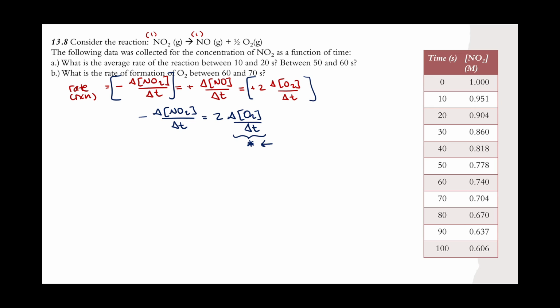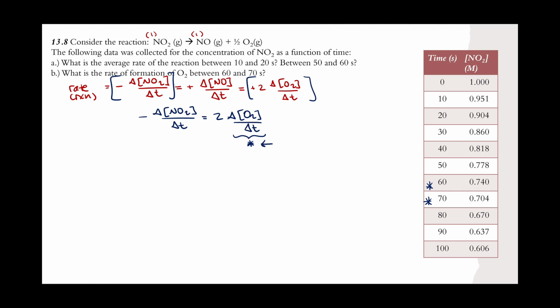And similarly to what we just did in part A, where we were looking for the average rate of the reaction between two periods of time, we can do that for the nitrogen dioxide. We have those pieces of information, and then we can just do the math to solve for the rate of formation of the oxygen gas. So we'll do it like we did just before.